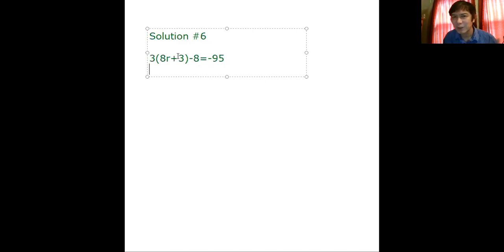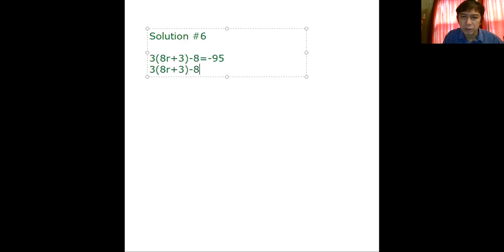That's another way. What I'm going to do is make the numbers smaller by way of adding 8 first, so it will 0 out right away. So this will remain 3 times the quantity 8R plus 3.